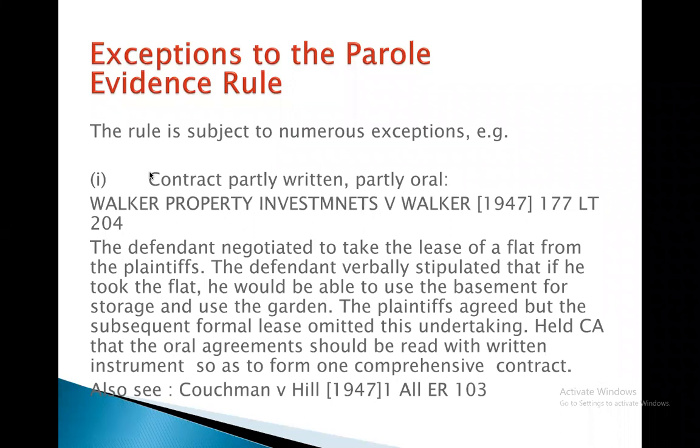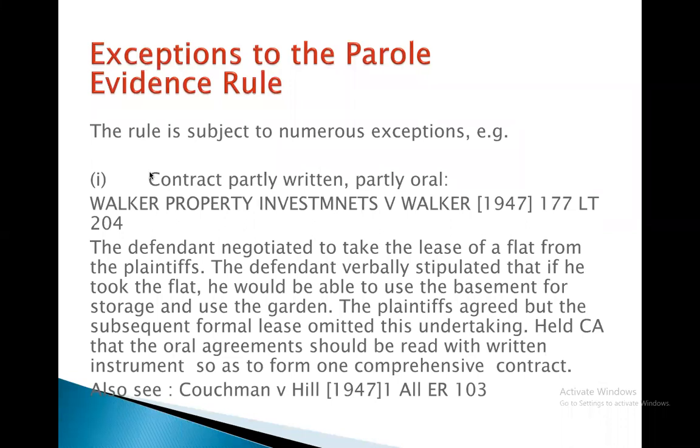Now, what that means is that the written part will not be a full picture or representation of the contract, because part is in writing, part is by word of mouth. So therefore, the parol evidence rule cannot apply strictly.